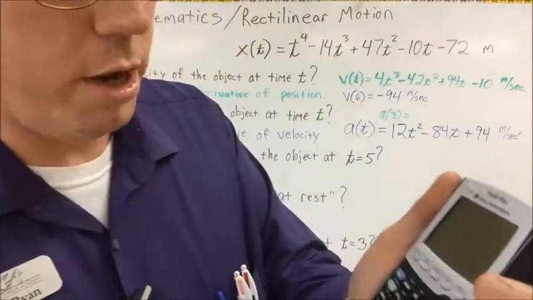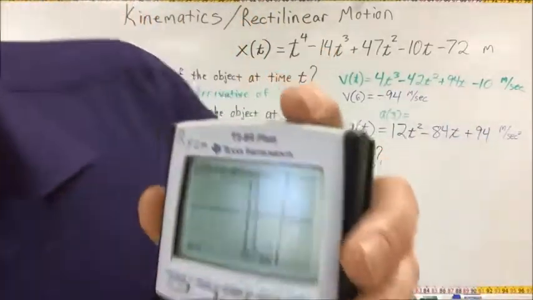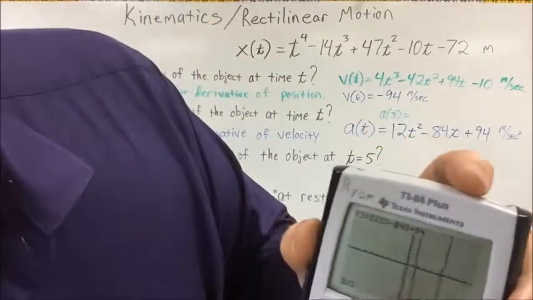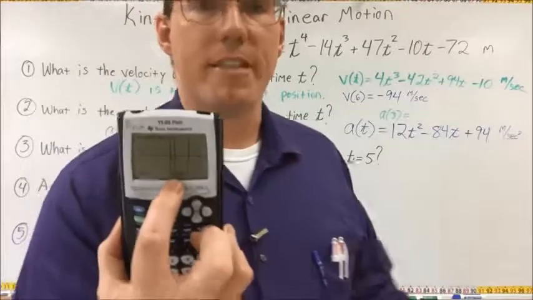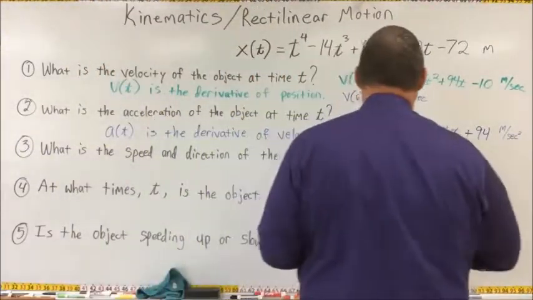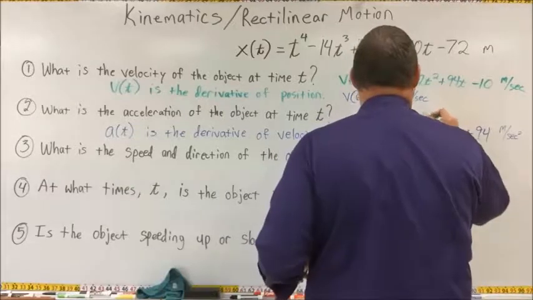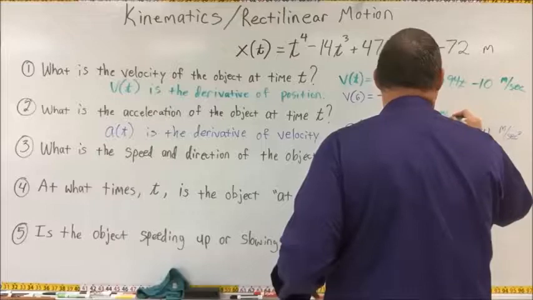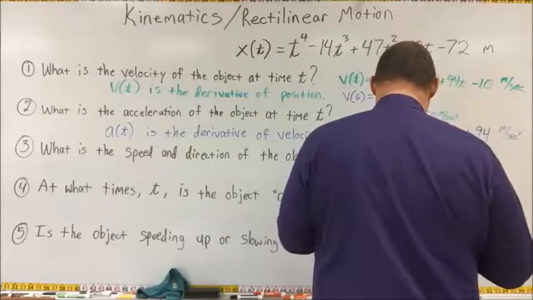So I'll key in 3, enter, and it says when x is 3, which is really time 3, y equals negative 50. That means acceleration is equal to negative 50. So the acceleration is negative 50 meters per second squared.